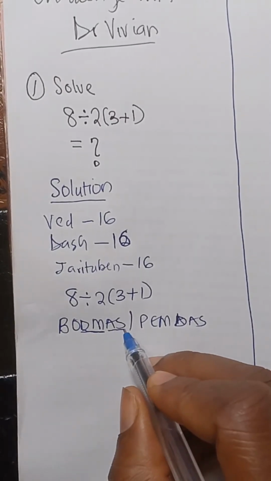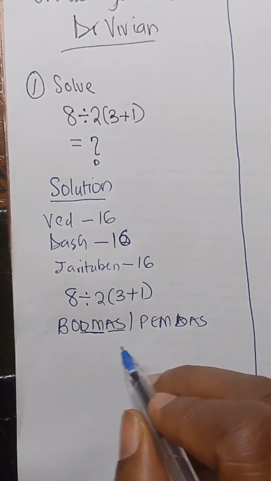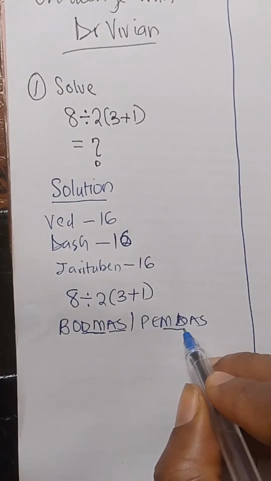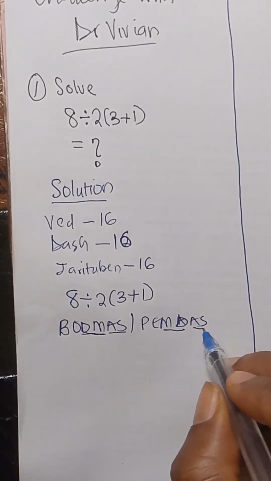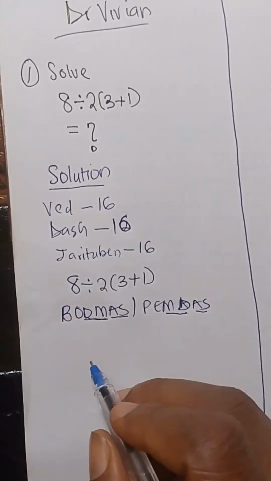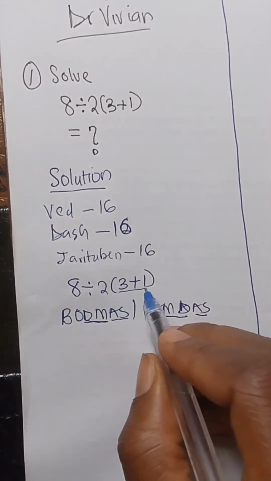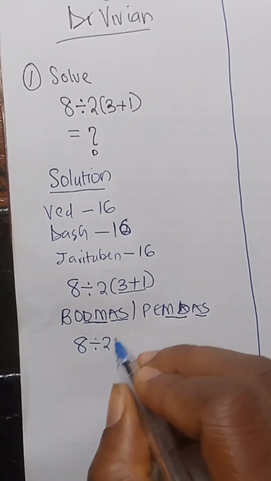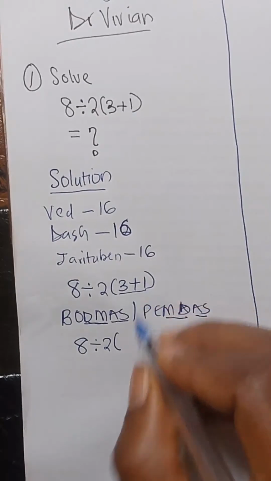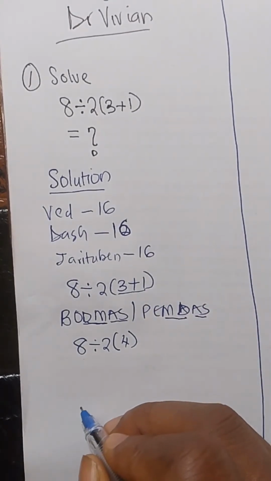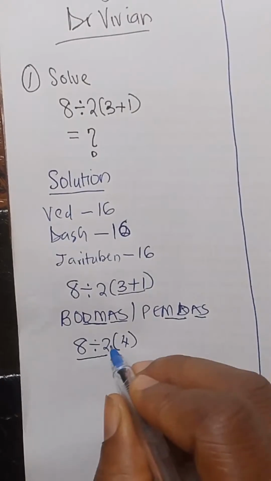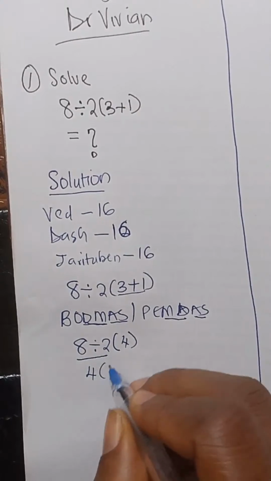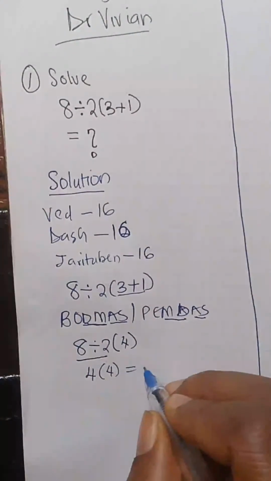Addition and subtraction are on the same level. You apply the one that comes first from left to right. The same thing here: parenthesis, exponents, multiplication and division, you apply the one that comes first, and addition and subtraction, you apply the one that comes first. So here we're going to start from the parenthesis and bracket. We have 8 divided by 2 bracket 3 plus 1 is 4. All right, then what's next? We start from division because this is multiplication. We have 8 divided by 2 will give us 4, and 4 bracket 4. So 4 times 4 is 16.